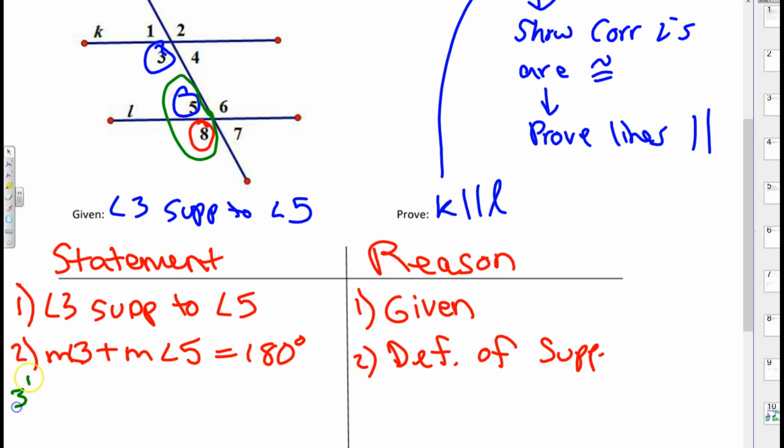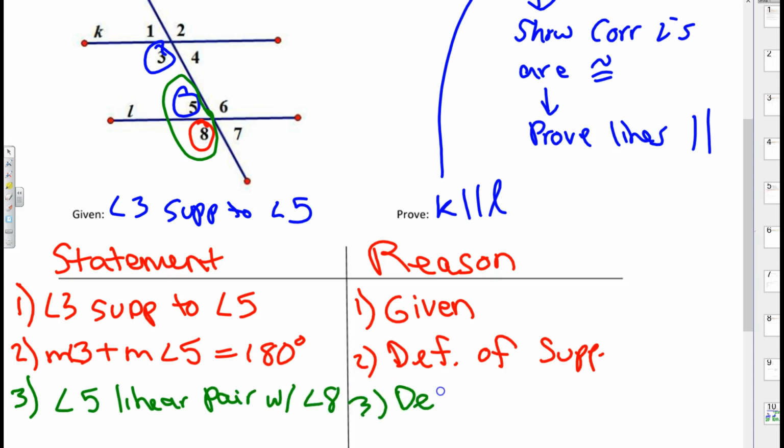So my third step, I'm going to say that the measure of angle 5, oh no, I can't do that. I have to state that they're a linear pair first, guys. So I will say that angle 5 is a linear pair with angle 8, and that's by the definition of a linear pair.